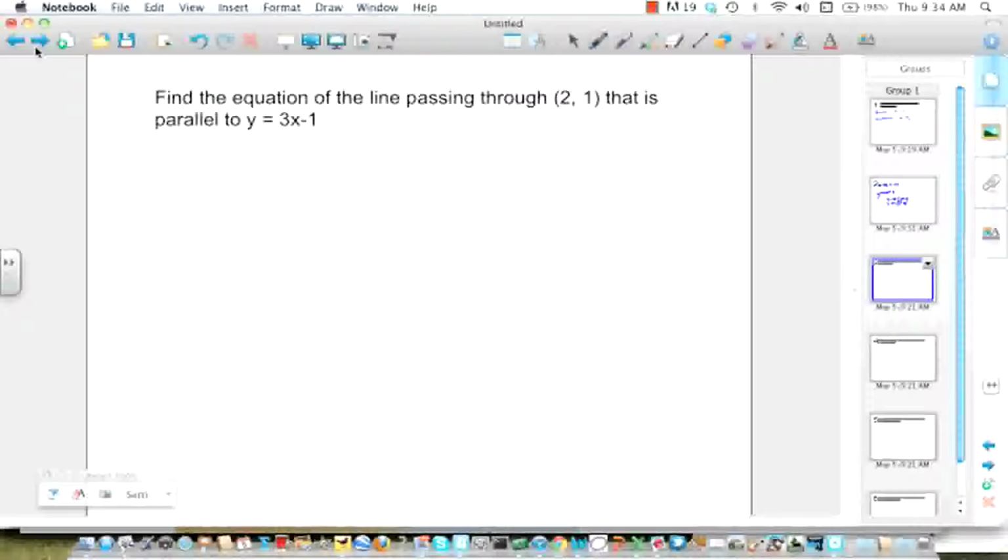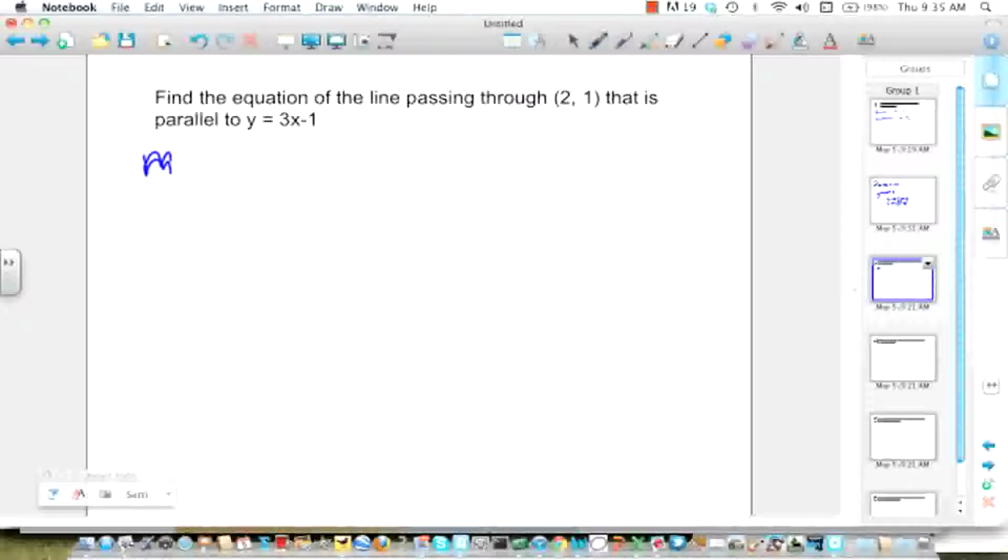Find the equation of the line passing through the point 2, 1, that is parallel to y equals 3x minus 1. So what information can we get from that? It's still going to start off as y equals 3x, because it's still going to have the same gradient. So we know the gradient of the line that we want.